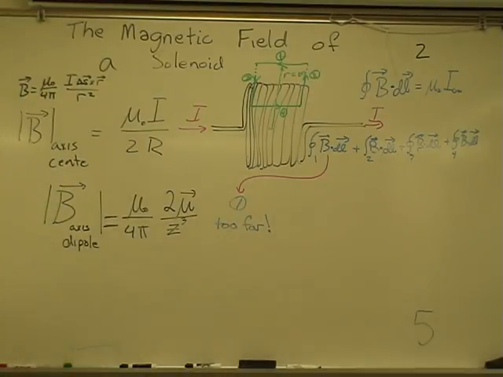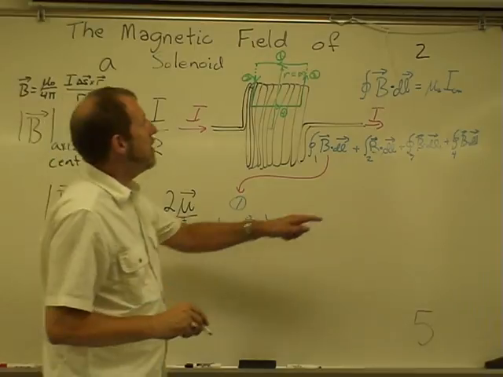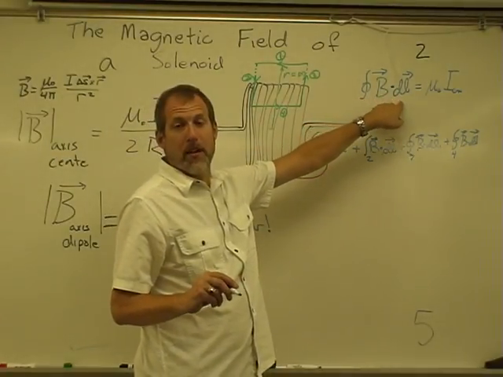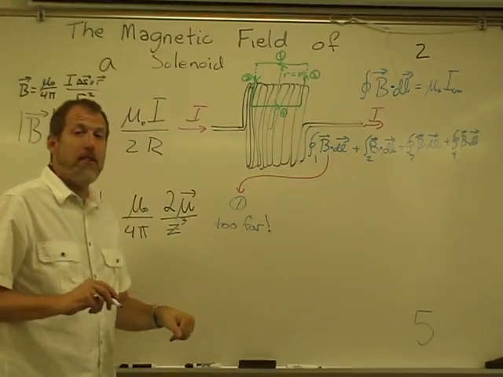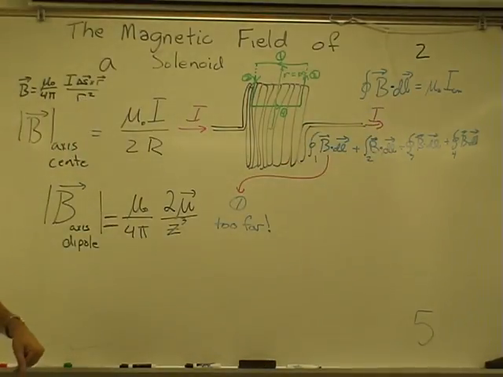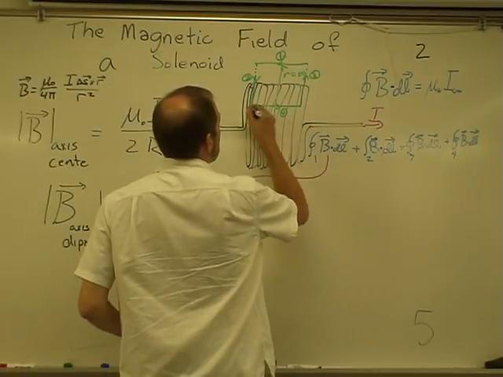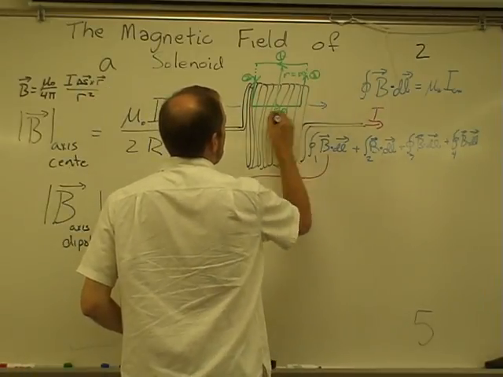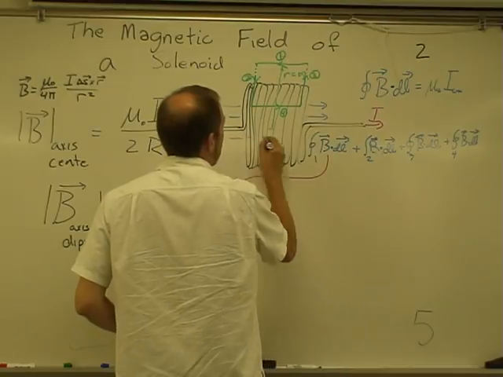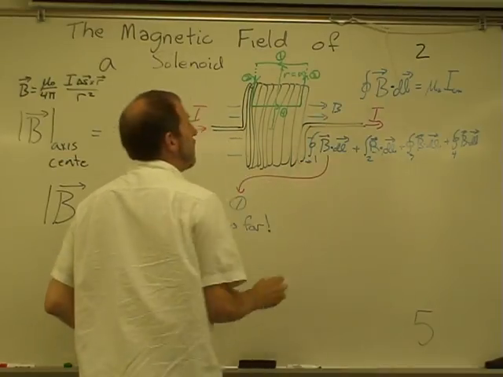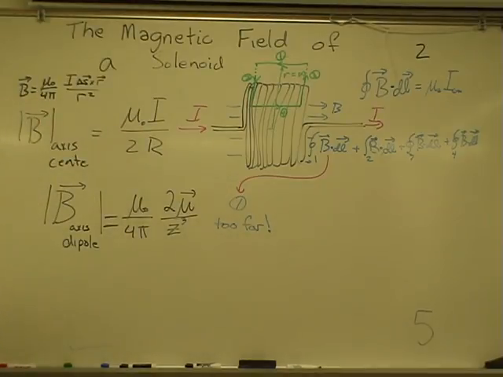Now, if I'm taking the magnetic field and the dot product with the differential step I'm taking in the direction of my path, the magnetic field will be the sum of the magnetic field of each loop. We already know the magnetic field of one loop is going to be perpendicular to the surface.